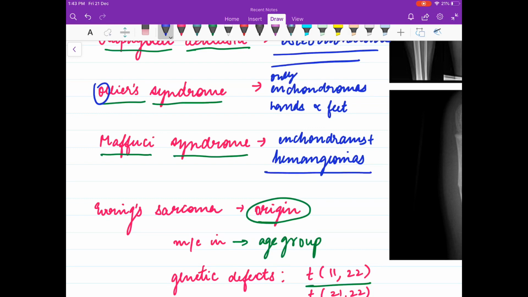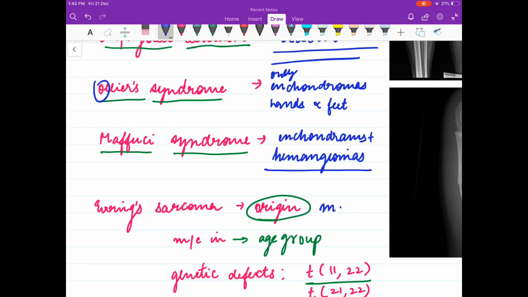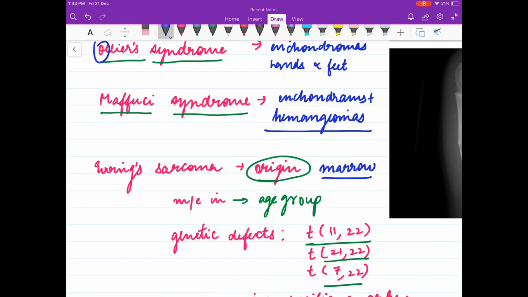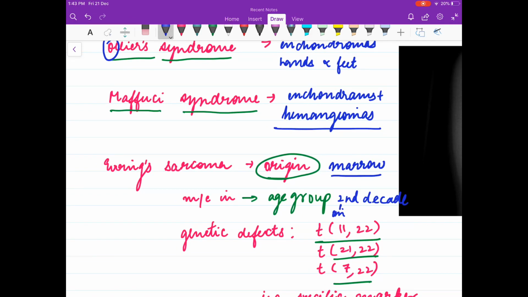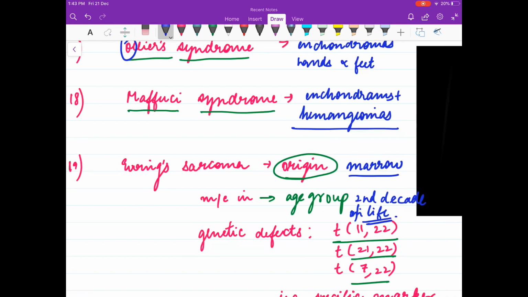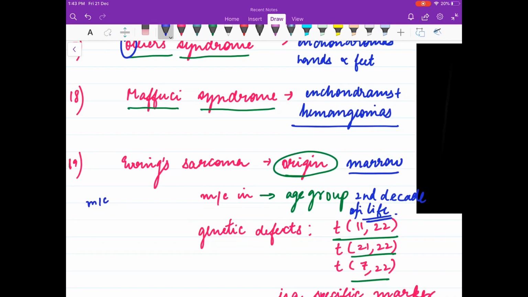Ewing sarcoma origin is bone marrow. Age group is, it is most common in the second decade of life. Friends, there are two questions, you don't have to get confused. Most common bone tumor in the first decade of life is Ewing sarcoma.